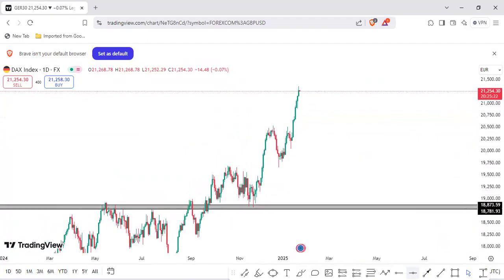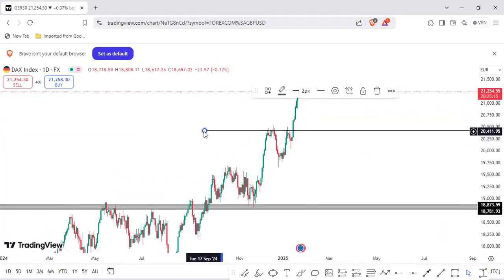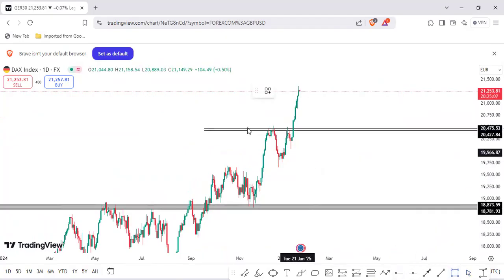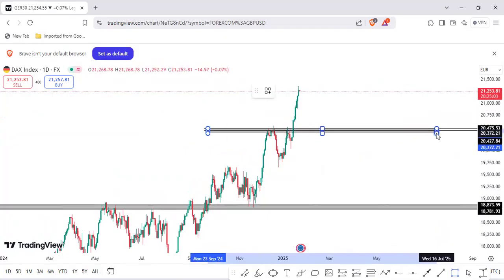Let me calm down and pick out the recent high. One is here. One is here. I want to clone it to make it look really good, and I want to put my rectangle box inside. I like my chart to be so neat so that it will be easier for me.